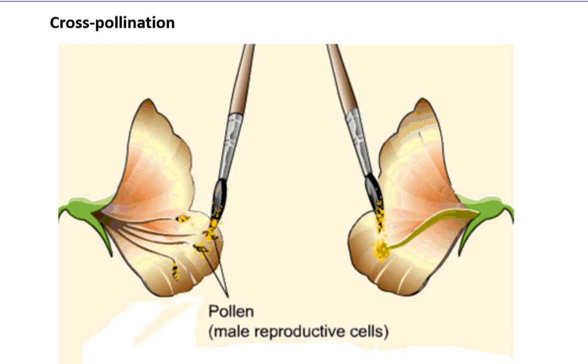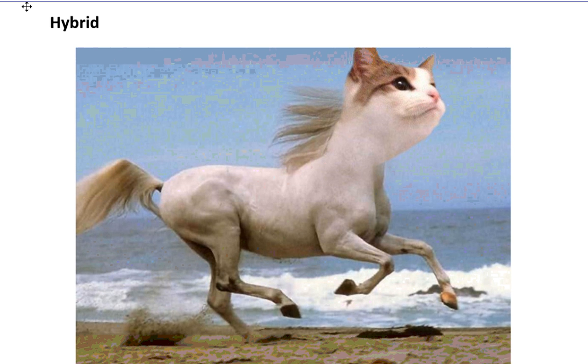So in order to mix traits, what he would do is cross-pollinate the plants. He would take the pollen from one plant, the male reproductive cells, and combine them with the ovary, the female reproductive cells of another plant, and he would allow them to cross-pollinate. And in doing so, he would create what's known as a hybrid.